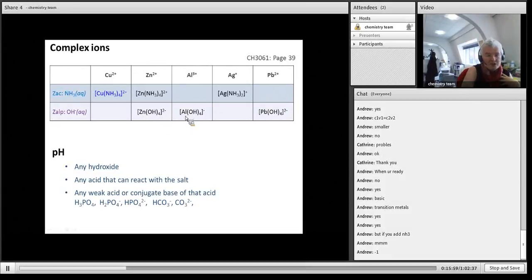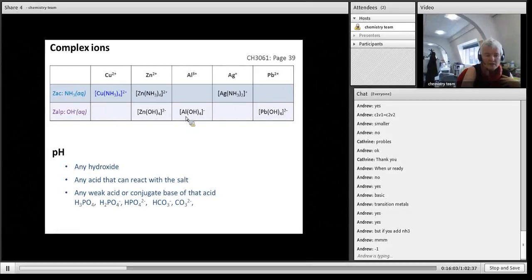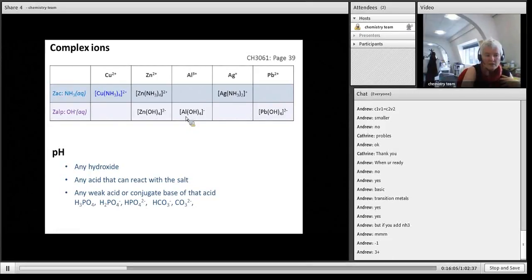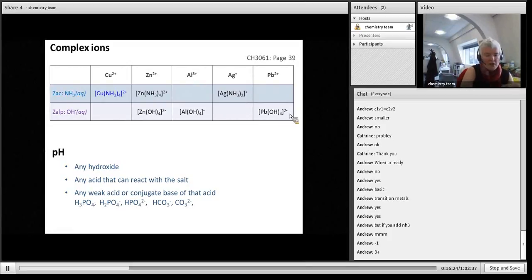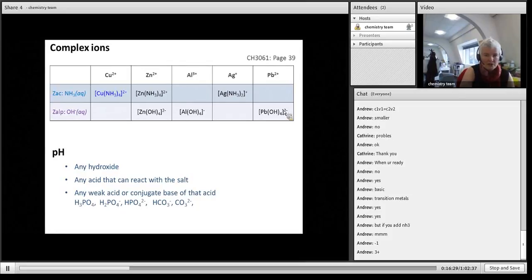Aluminium, what is the charge on an aluminium ion? 3 plus. So if I've got a 3 positive surrounded by 4 negatives, I've got an overall charge of -1. And then here lead, it's lead 2 positive surrounded by 4 negatives, an overall charge of 2 negatives. So do you think you'd be able to remember them as ZAC and ZELP and remember how to write these?